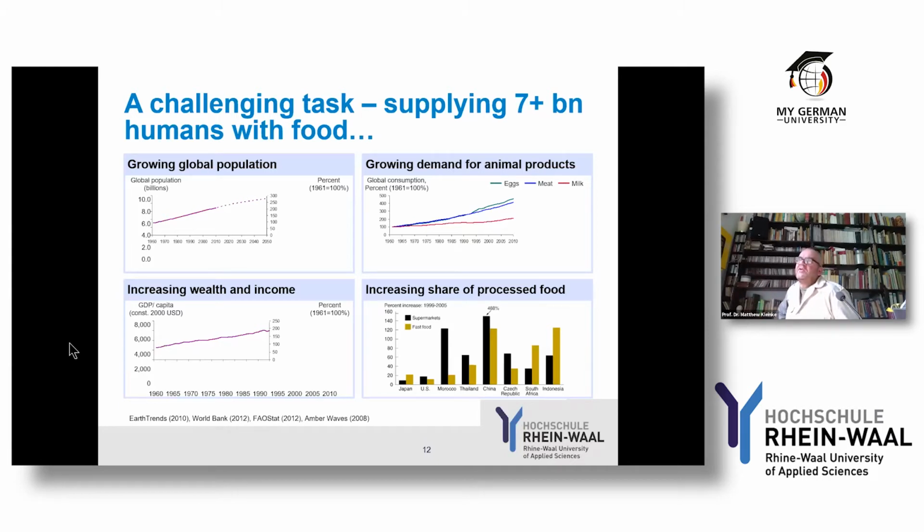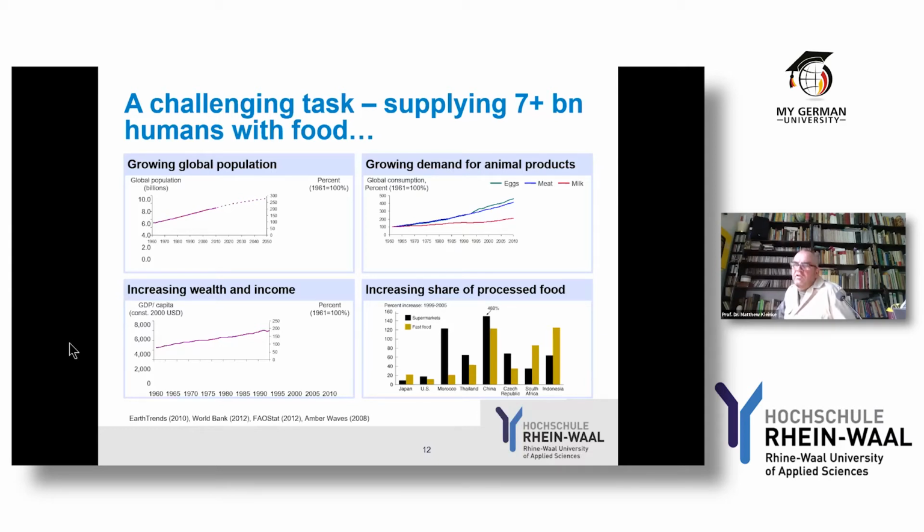You see here the challenge I think we have in our development. Our population is growing, and therefore also the demand for different products, but especially for animal products, has been rising immensely during the last decades.